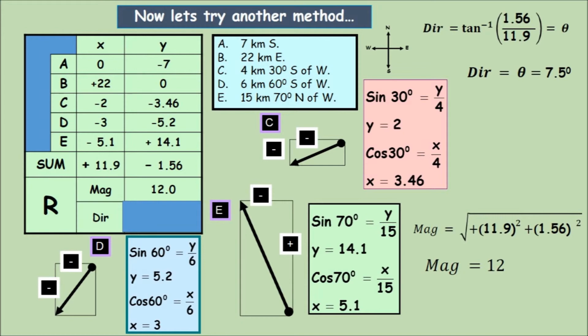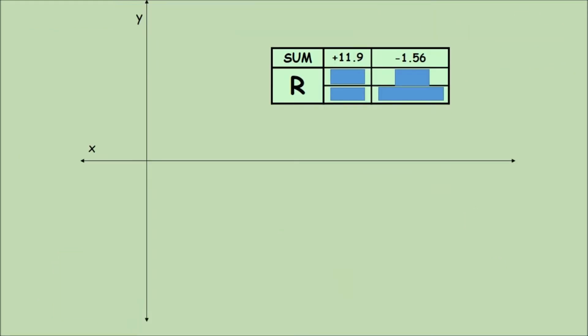Look at the sum, and you see that that's positive and negative there. And so what quadrant would that be? Well, that would be south of east.